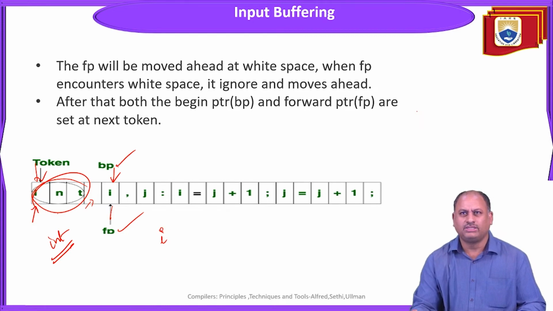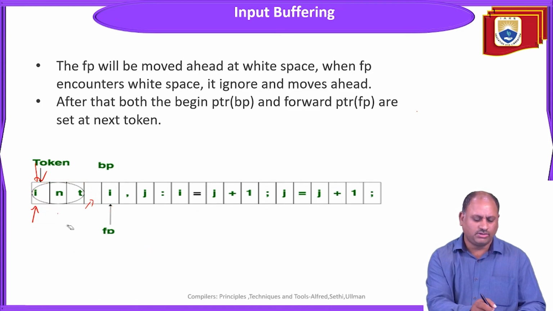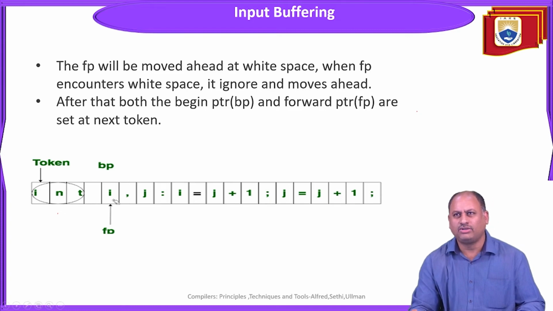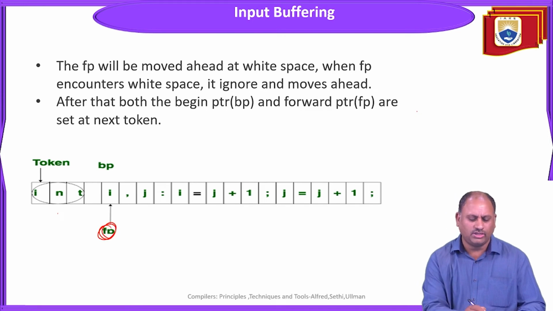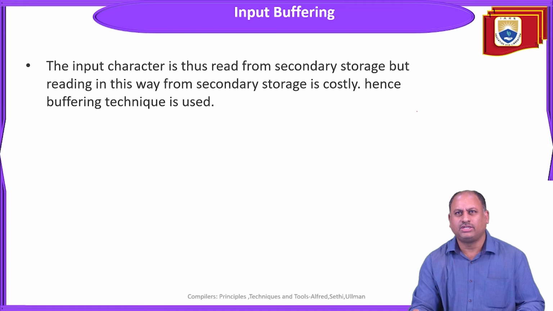Until a space is found, it reads all the characters, and after the space is encountered, it recognizes that a valid identifier token is encountered and releases the token, and then sets the pointers again. So the forward pointer always moves one place until white space is found, then it releases the token. Both pointers are set aside.